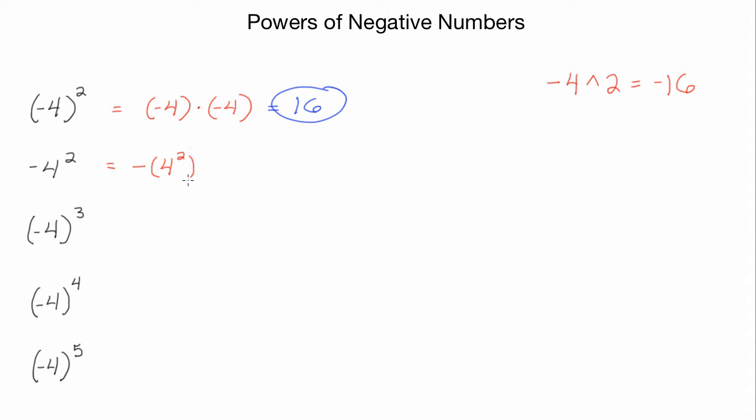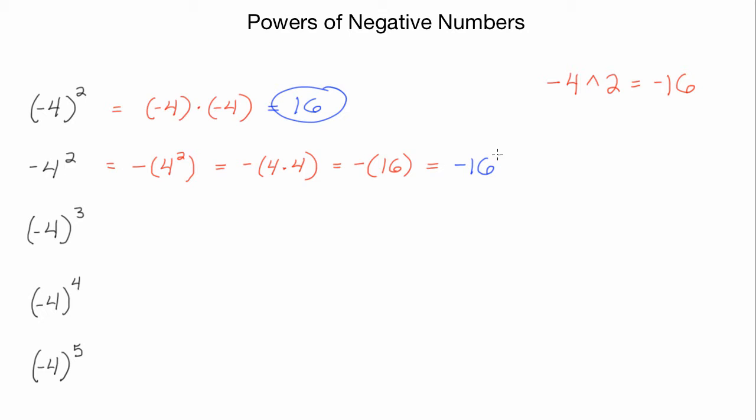Exponents come before multiplication, so it's going to take your 4 and square it. So that turns into -4 times 4. Then it's going to do that in parentheses because it's negative all of that. So it's going to do 4 times 4 to get 16. And then it's going to apply the negative to make it -16.